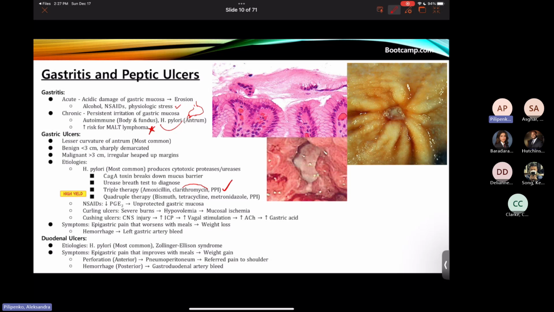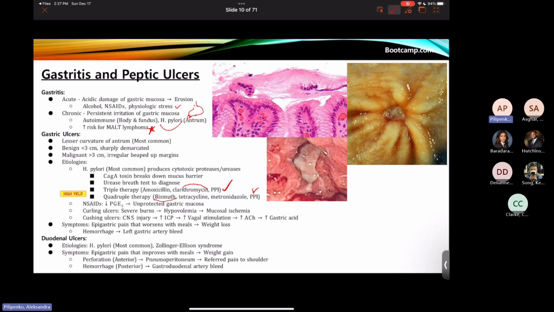So they use triple therapy versus quadruple therapy. Basically over here, they will just add tetracycline and metronidazole and bismuth. Bismuth is basically your Pepto-Bismol, I think.